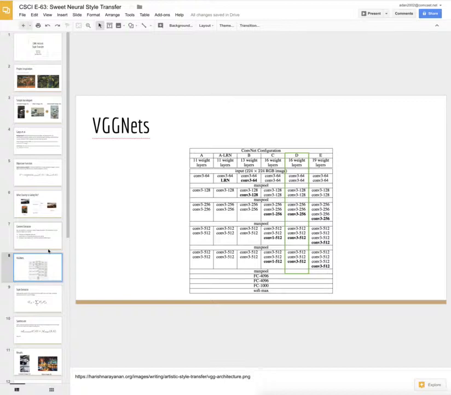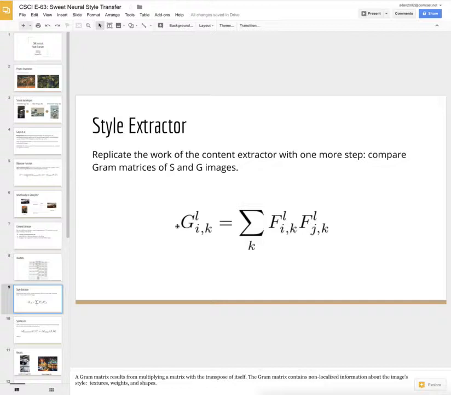That's not really relevant for this problem, so we basically truncate those fully connected layers at the end and that softmax layer, and just stick with the intermediary layers.